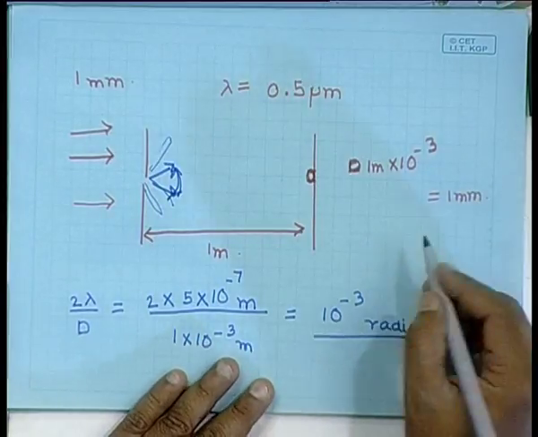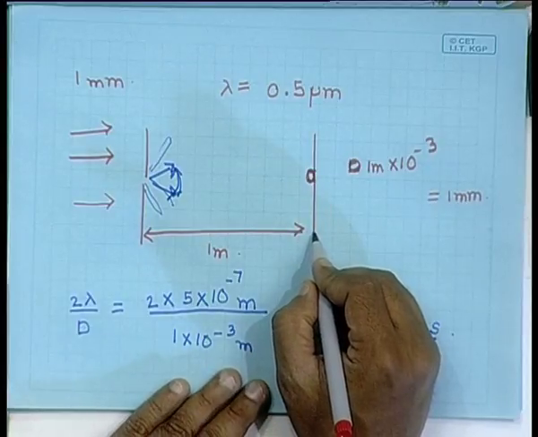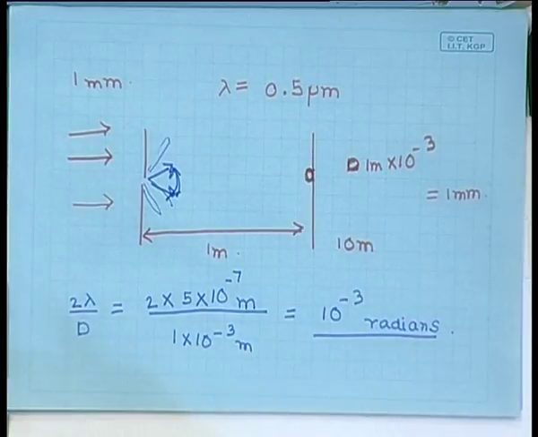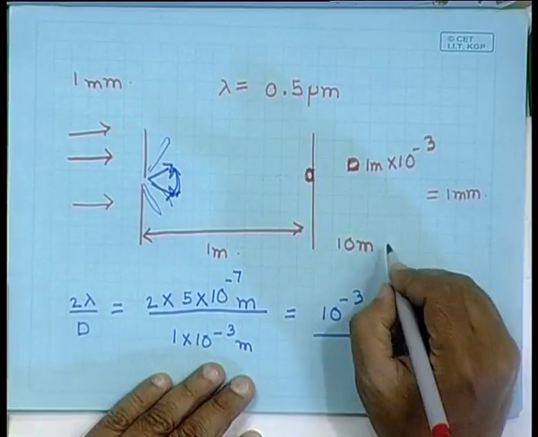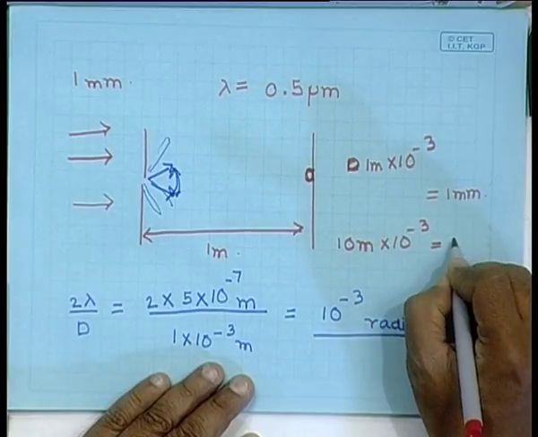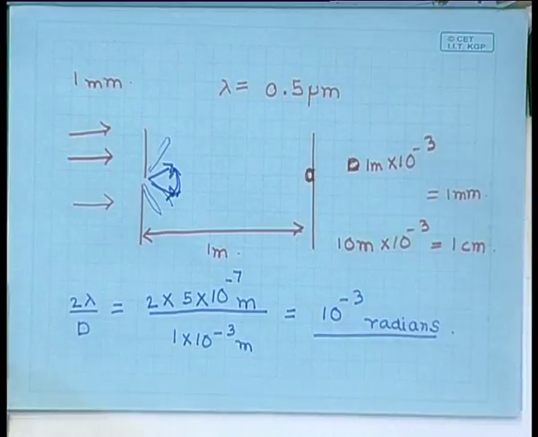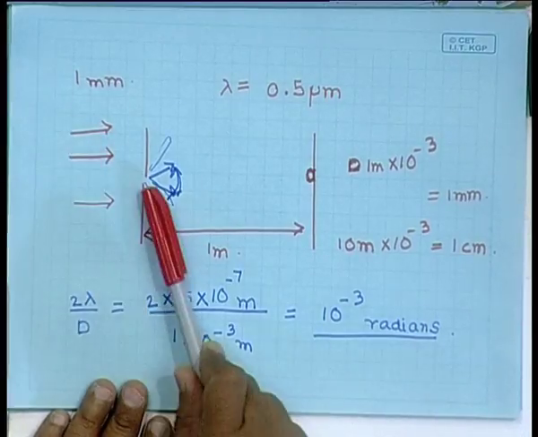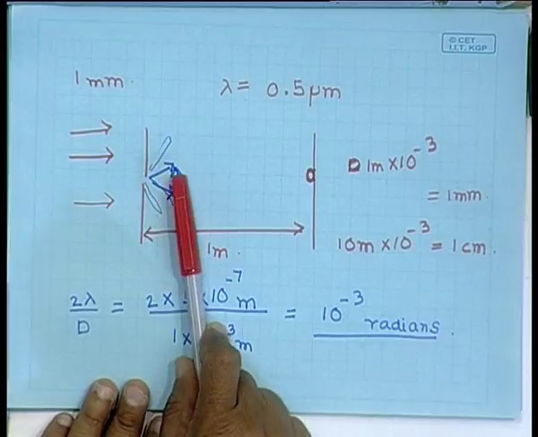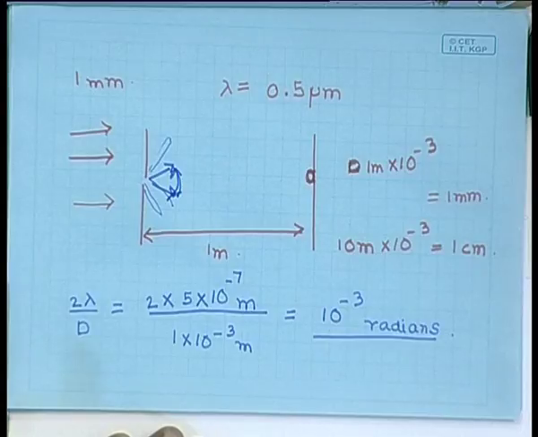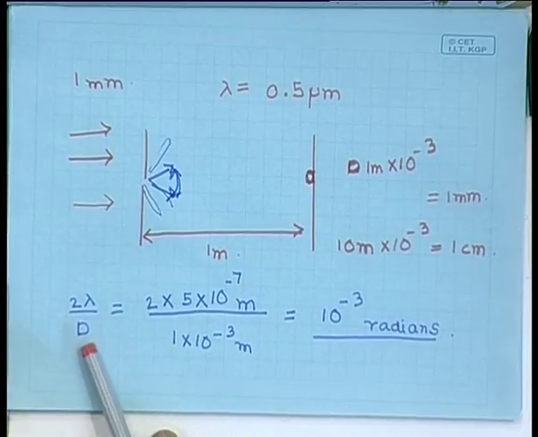Let us now ask the question, if I move the screen to a distance which is 10 meters instead of 1 meter, what is the size of the central bright spot? Again we can do the same exercise, multiply this with the angle, 10 to the power minus 3, and this is going to give us 1 centimeter. So, what we see is that this wave travelling in a unique direction, when you send it through a finite slit, when it emerges, it is spread out over a range of directions approximately of the order of 2 lambda by d.